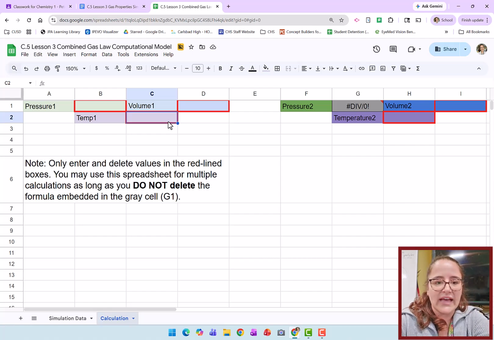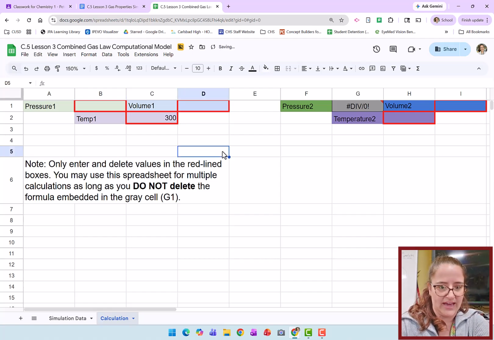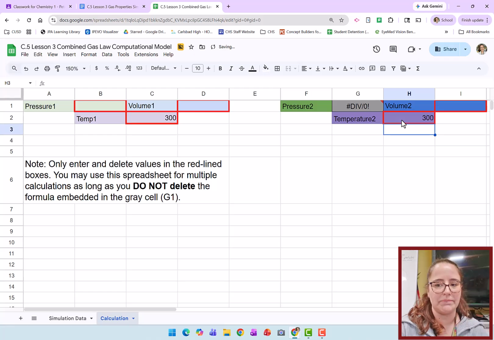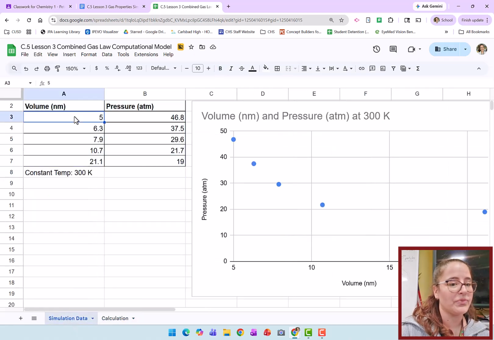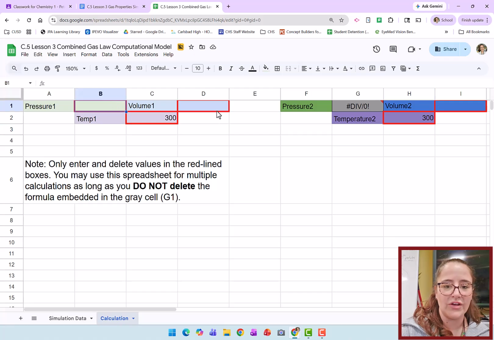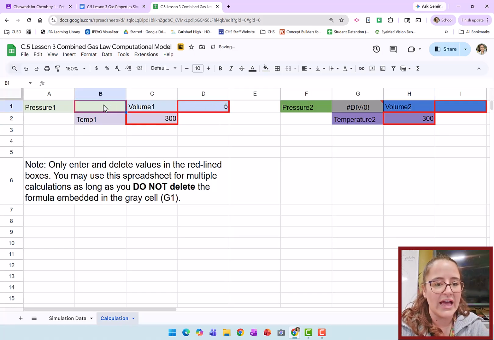We set our temperature at 300 K, so I'll put my temperature in as 300 in both scenarios and see if this computational model can predict my data. In the first row of my data table, my volume was 5 and my pressure was 46.8.